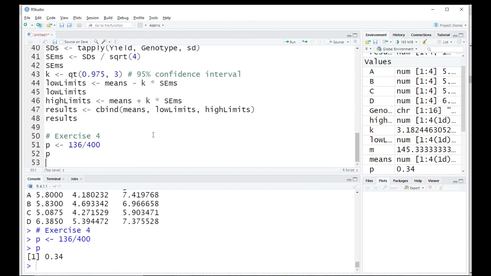But we need to think about the bigger picture. So we need to think about the population of insects. There are not just 400 insects in the world. There are many insects. So we have to think what the proportion of surviving insects would be in the population.